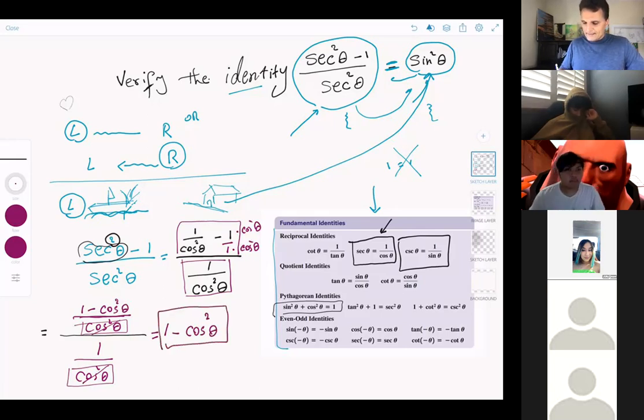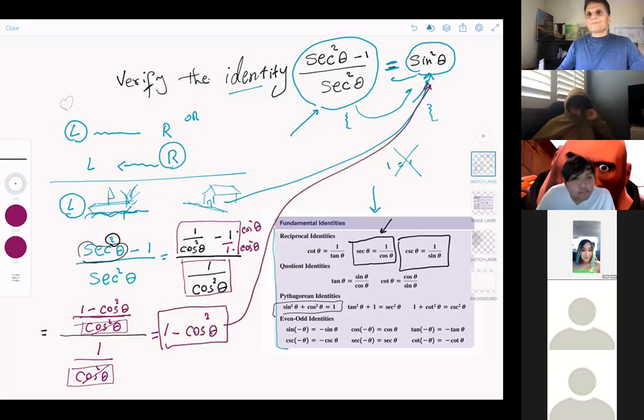Is this equal to that? We need to get to sine squared. How do we show that that part equals this part?